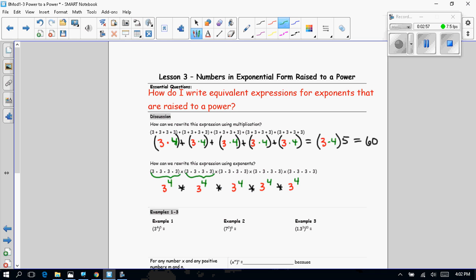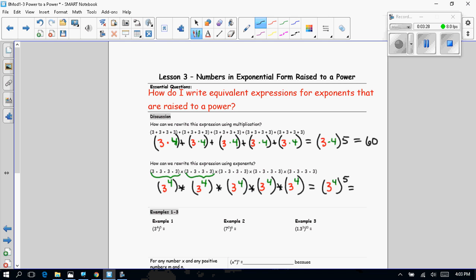Well, how many of those do I have? Again, this is a repeated multiplication problem. I've got 1, 2, 3, 4, 5 of them there. So I could think of this as 3 to the 4th power, and since I have 5 that I'm repeatedly multiplying, it would be to the 5th power.